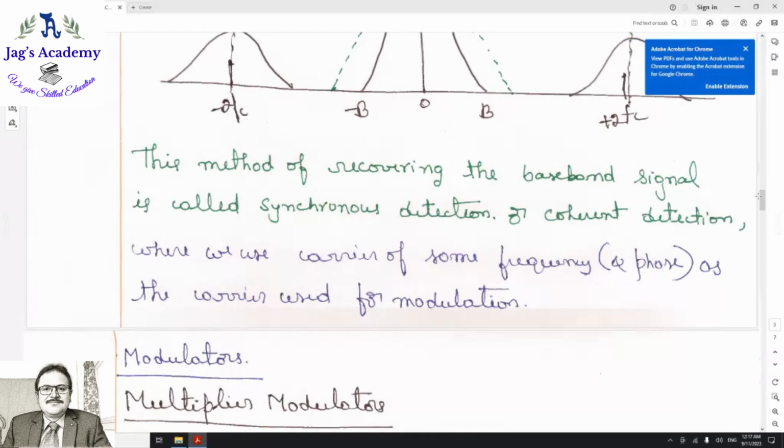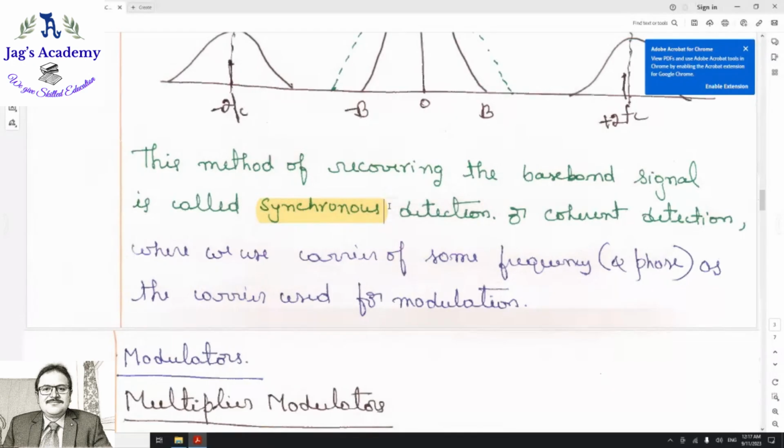Understood? Why is it called a synchronous detector? Because in the demodulation process you use the same carrier which was used in the transmitter during the modulation. That's in the receiver. It should be synchronized. Synchronized means the same thing, right? Hence it is called a synchronous detector.